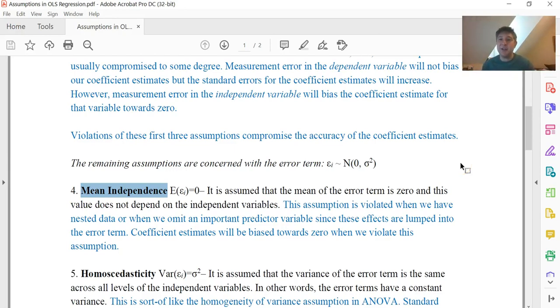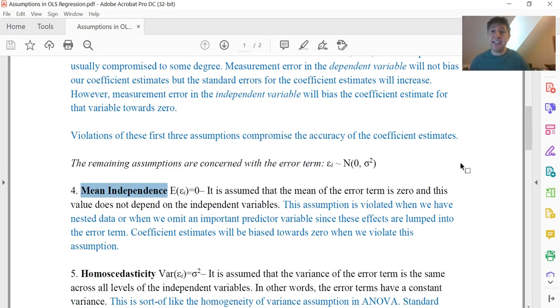This assumption is typically violated when we omit an important predictor variable, since those effects lump into the error term. It's also violated when we have nested or clustered data. The classic example of nested data in educational research is students nested within schools. The idea is that students within the same schools are more similar to each other than students in different schools.